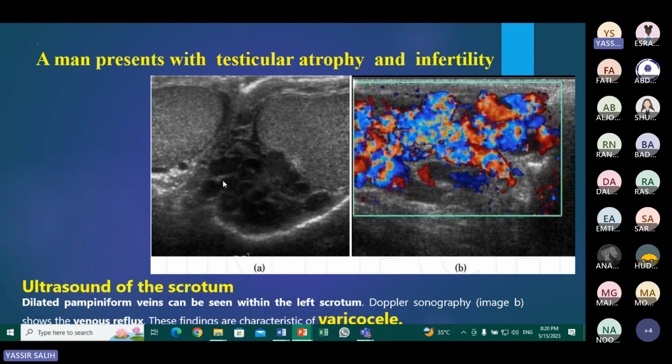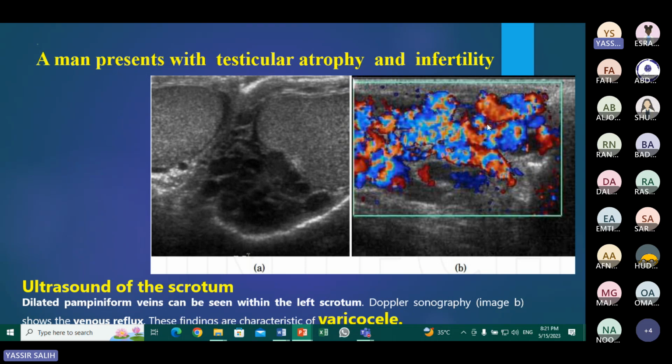And what is this? Pampiniform plexus. Is it normal? Dilated.